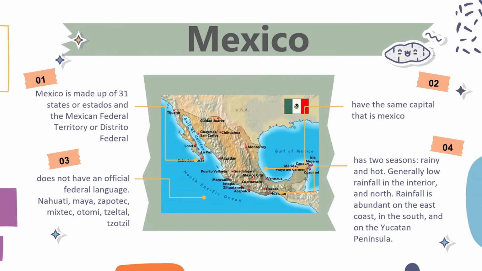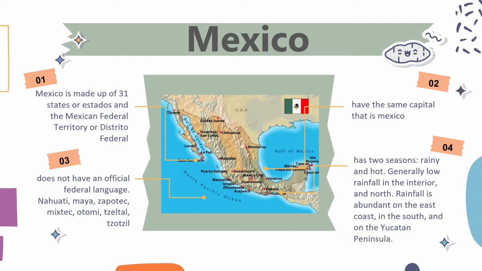The third subregion is Mexico. Mexico is made up of 31 states or estados and the Mexican Federal District or Distrito Federal. The country and its capital share the same name, Mexico. Mexico doesn't have an official federal language, but linguists have identified 12 main Mexican languages.